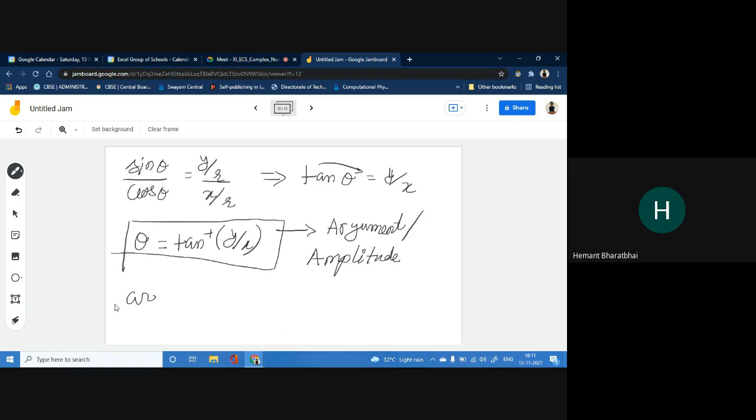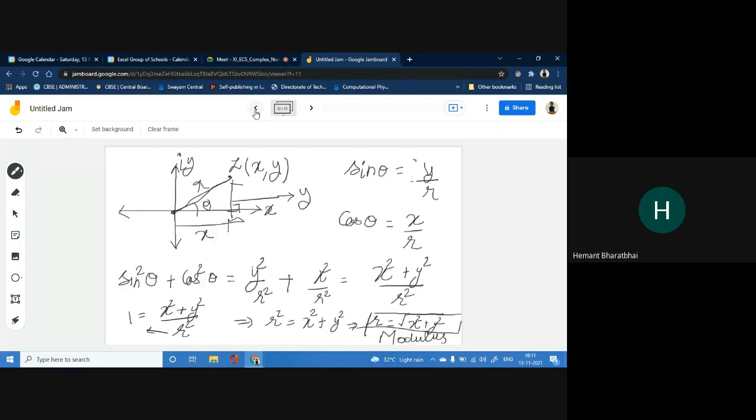This is called the argument or amplitude of a complex number. It can also be denoted as arg of z, which means argument of a complex number.